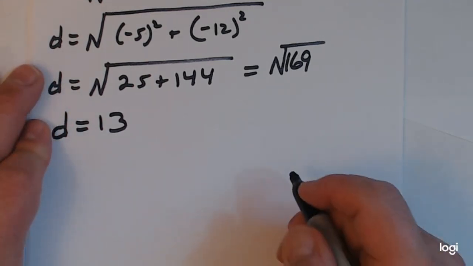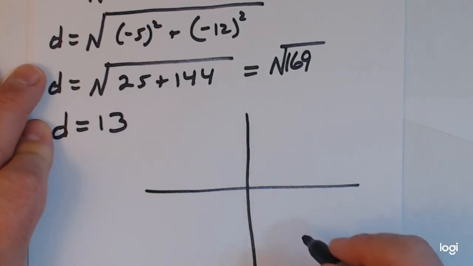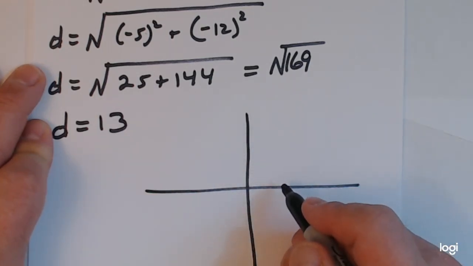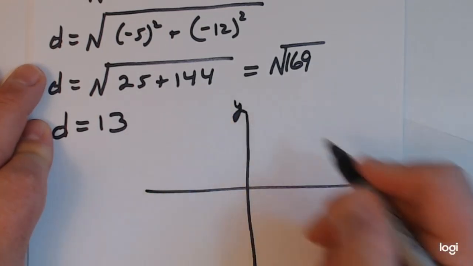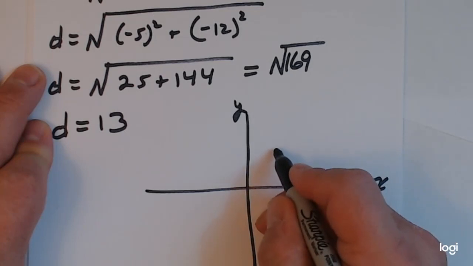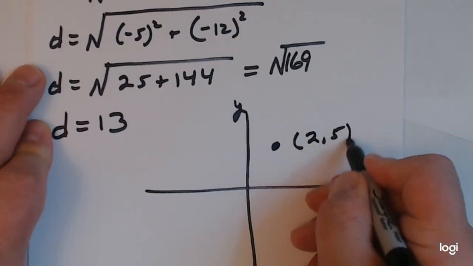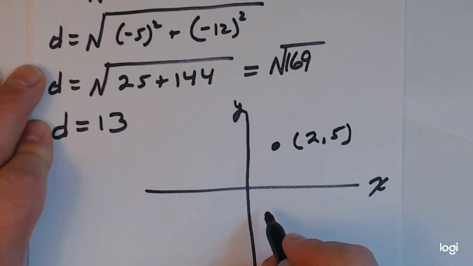Now, that's one way to do the problem. Here's another way to do the problem. We can plot these points, 2, 5, and negative 3, negative 7.